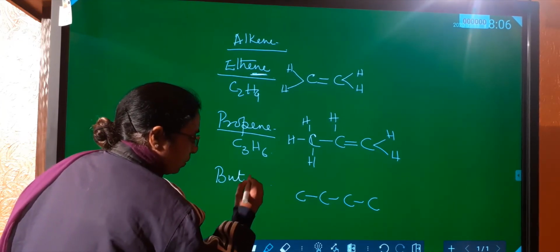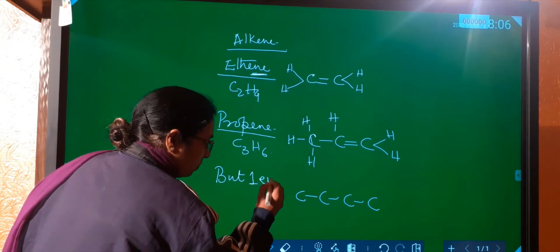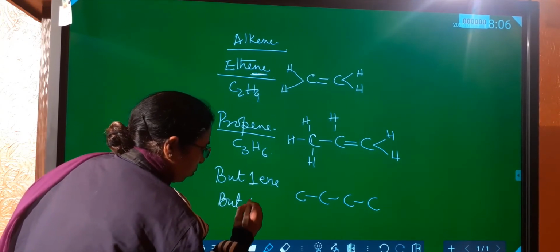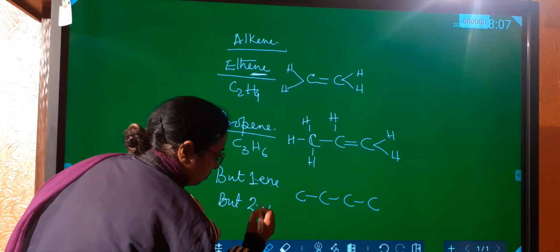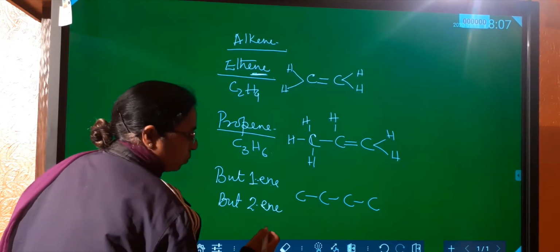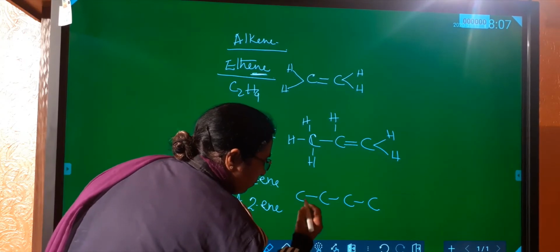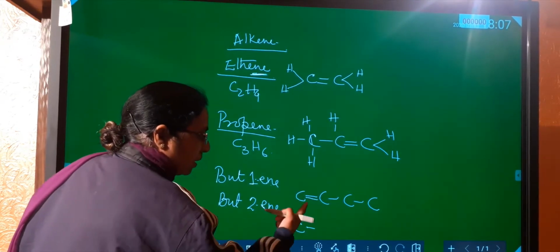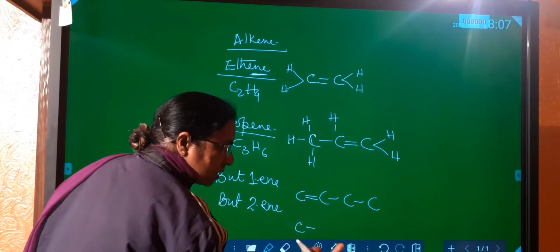So I can write but-1-ene, or I can also make but-2-ene. If it is but-1-ene, the double bond will be over here. It is the same thing if you draw it over here or over here.